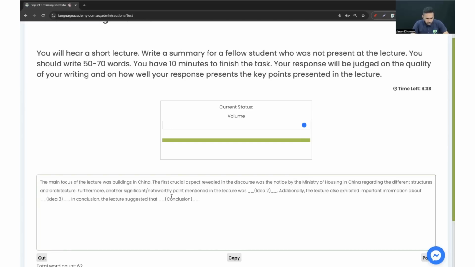Furthermore, another significant point mentioned in the lecture was regarding the new buildings that were not allowed.